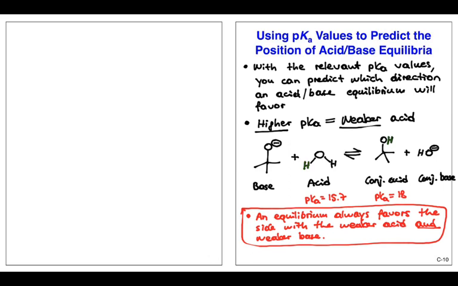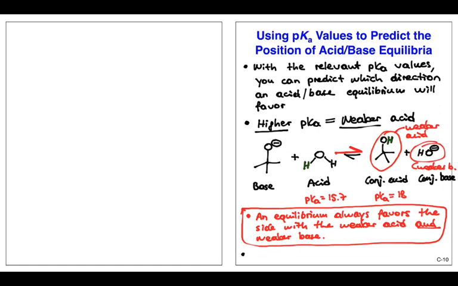The weaker acid is the one with the higher pKa. So that's the t-butanol, it's the weaker acid, and the hydroxide is also the weaker base. So in this case, the equilibrium clearly favors the right side based on these pKa values.